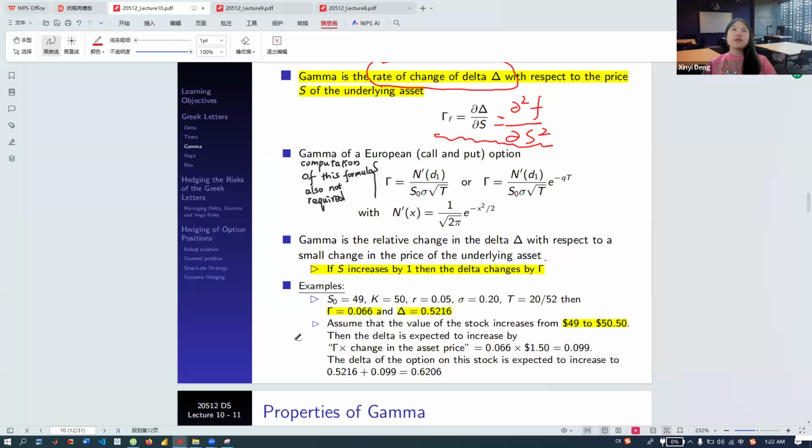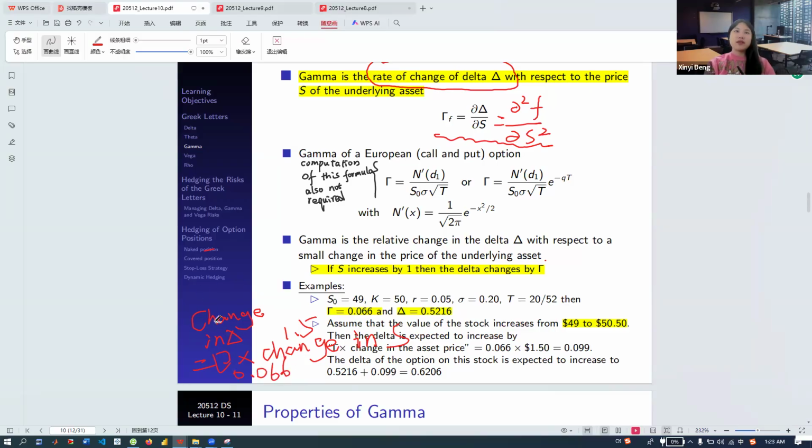Recall that gamma measures the rate of change of delta with respect to S. So the change in delta is equal to gamma times the change in S. Here we already know the change in S is 1.5, and gamma is equal to 0.066.